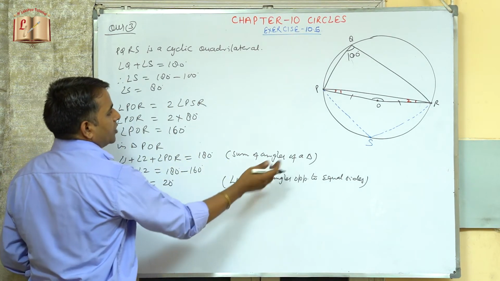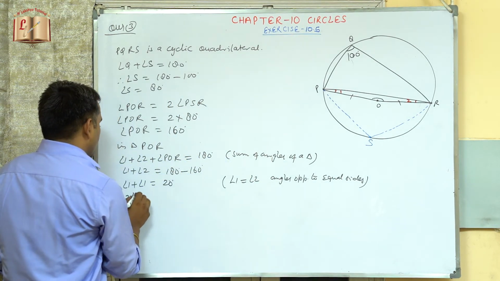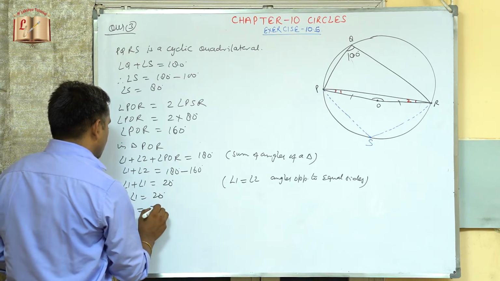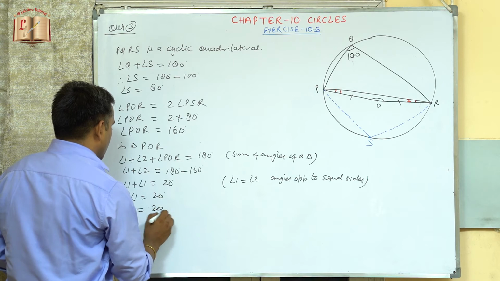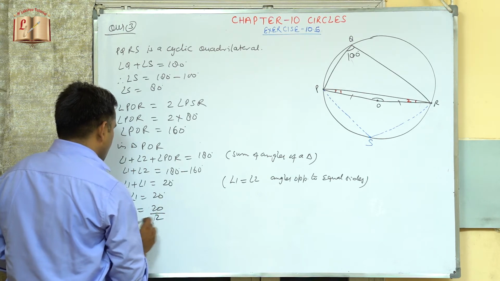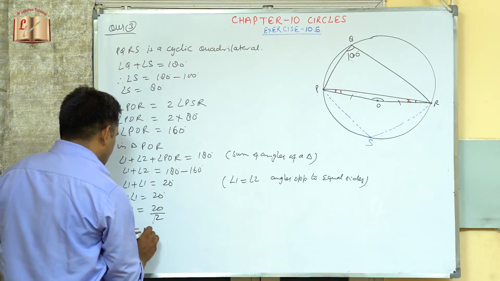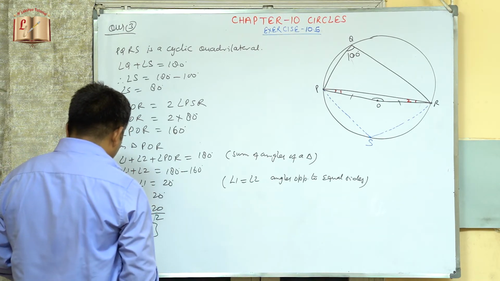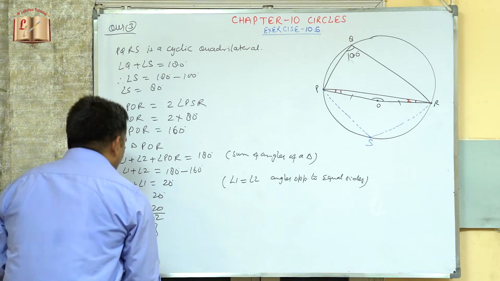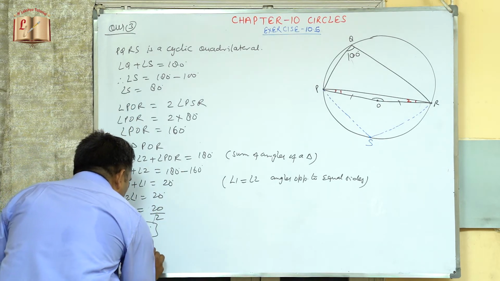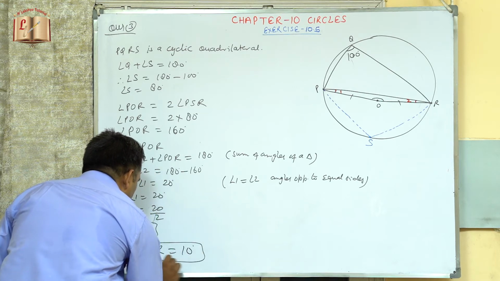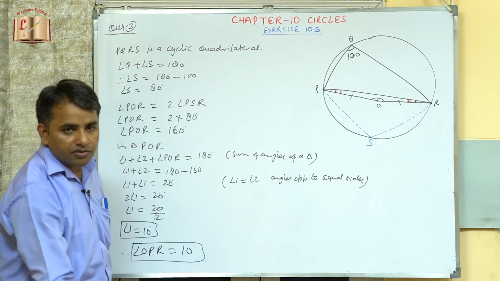So twice angle 1 equals 20 degrees, therefore angle 1 is 20 by 2, so angle 1 is 10 degrees. Angle 1 is angle OPR. Therefore angle OPR is equal to 10 degrees.